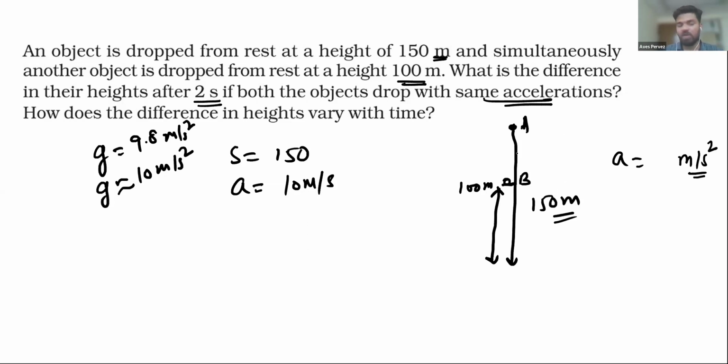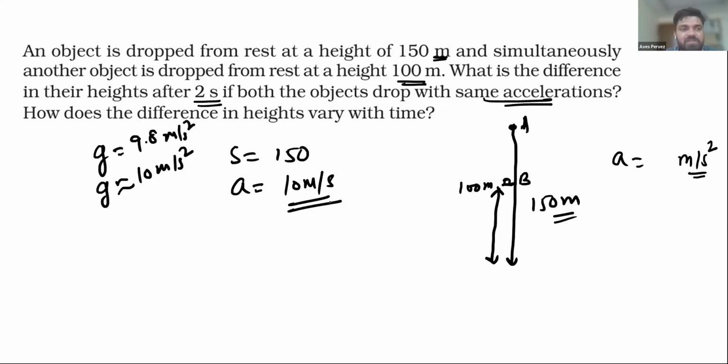You know that when an object is traveling with a constant acceleration, the speed is changing at a constant rate. What does the word acceleration mean? Constant increase in the velocity.